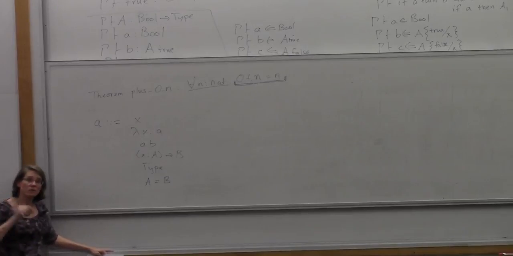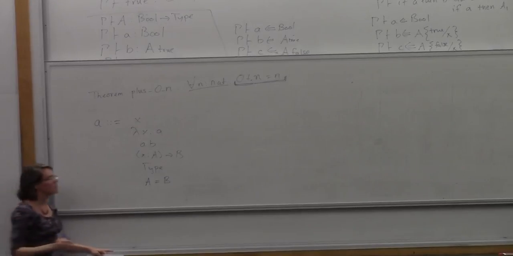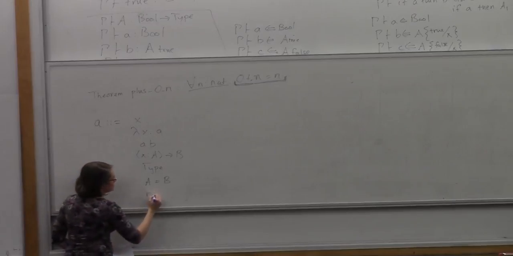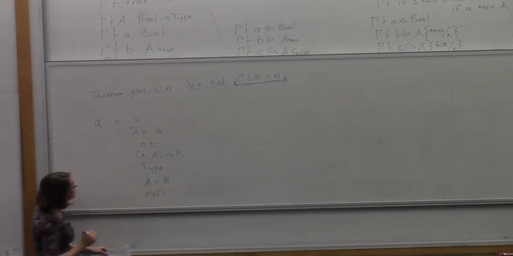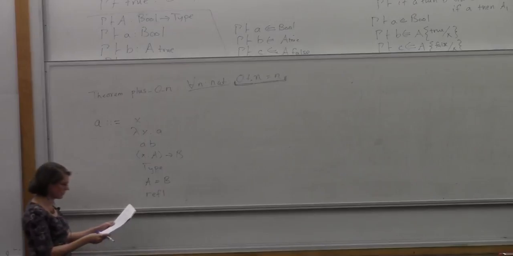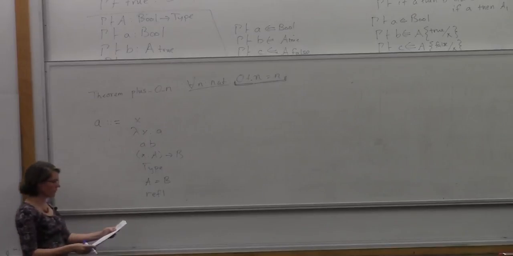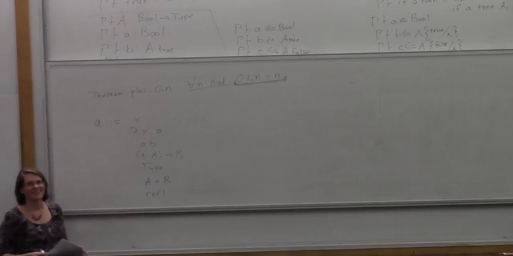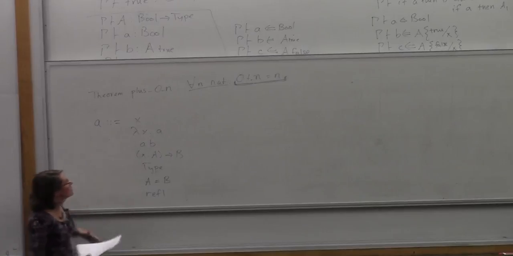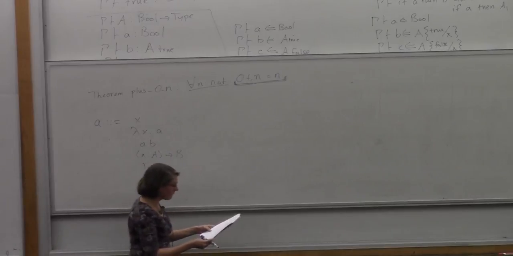We're going to have a new introduction form for that type, which I'm going to call REFL. And we have a new elimination form, which I don't have enough board space for, so I won't write it down yet. Okay. So what does it mean?